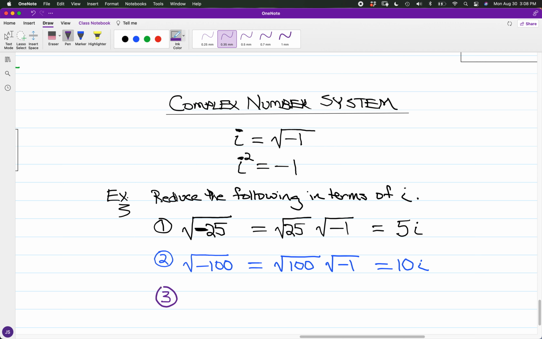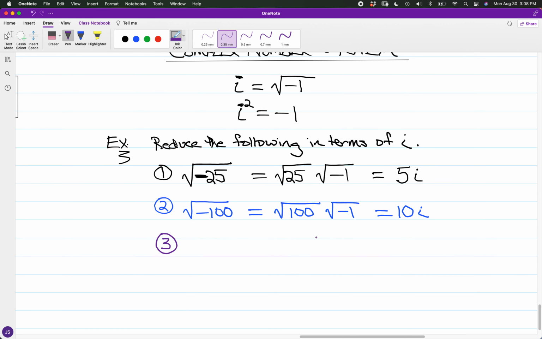And let's say we have something that is not quite a perfect square number inside the radical. Say if I have the square root of -28, so I have the square root of 28 times the square root of -1. Now again, 28 is not a perfect square, but it is the multiple of a number that's a perfect square higher than 1.